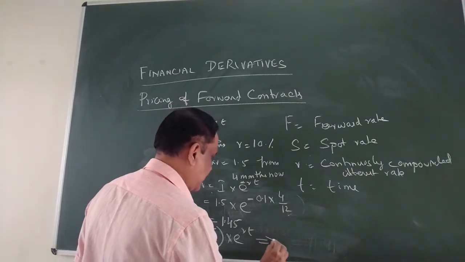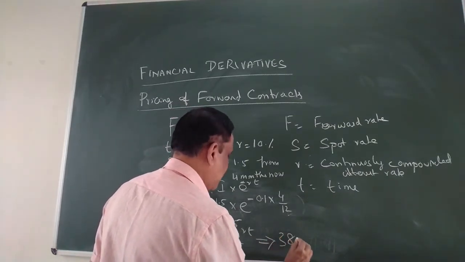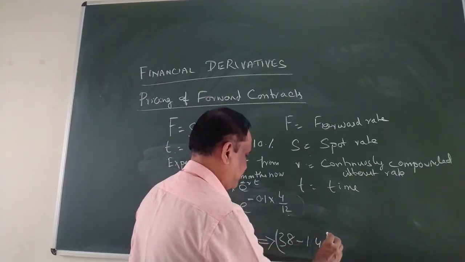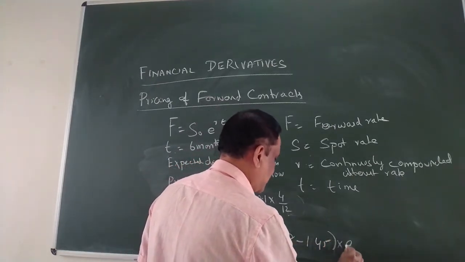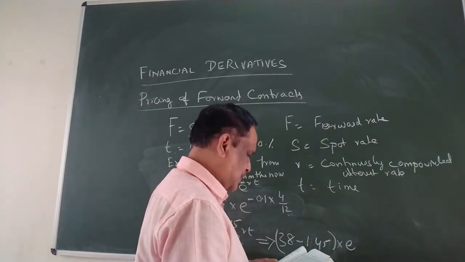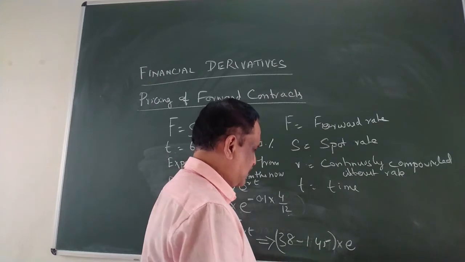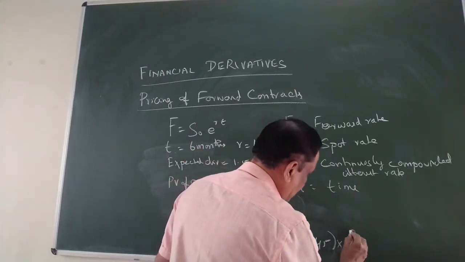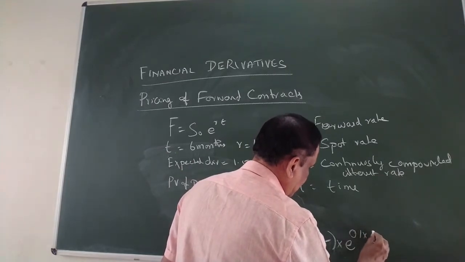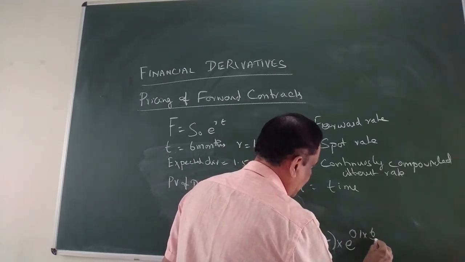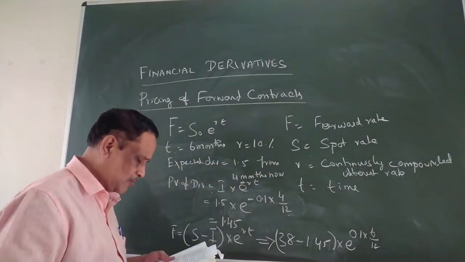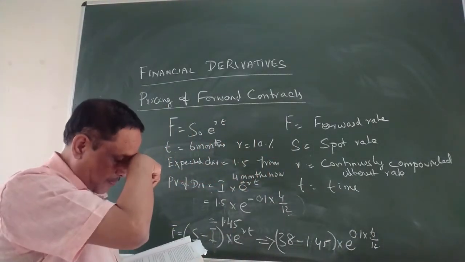So this will be 38 minus 1.45, into e power RT. The time period is 6 months and R is 10%, so 0.1 into 6 by 12. You apply the formula and you will get an answer of 38.42.